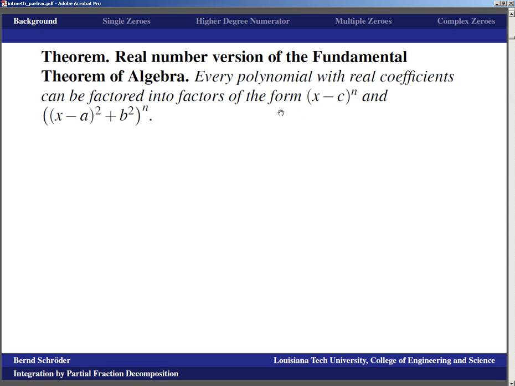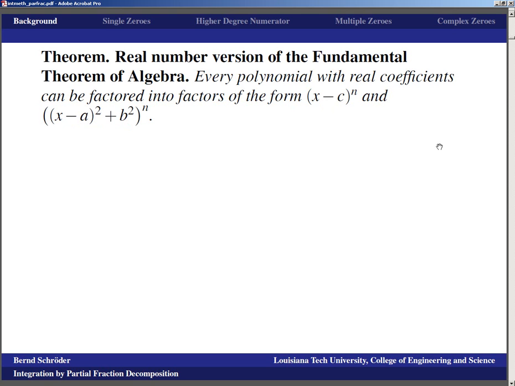So that basically is the fundamental theorem of algebra, which was talking about complex coefficients, and in complex coefficients you can then turn everything into linear complex factors. And by the conjugate pairs theorem, when you've got real coefficients, complex zeros occur in pairs, and when you take factors that come from conjugate pairs and pair them up, you're going to get exactly something like this.